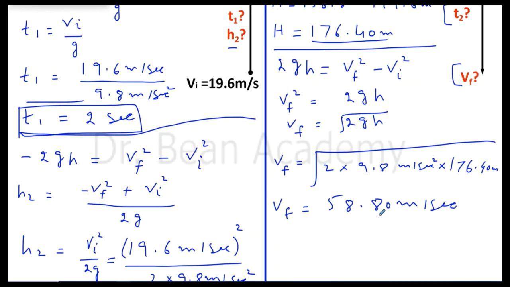So now we have calculated the final velocity with which it will hit the ground. So now we know the value of Vf.